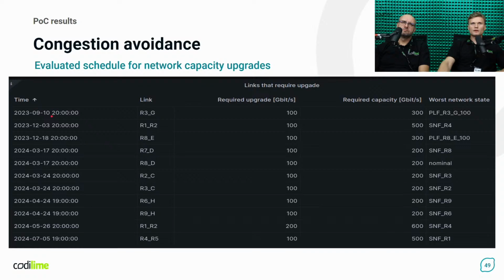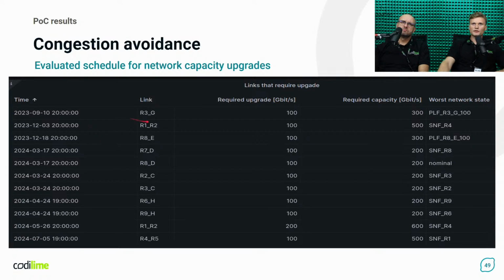This table gathers all recommendations, upgrades that we recommend you perform to prevent any overloads in a given forecasting horizon.